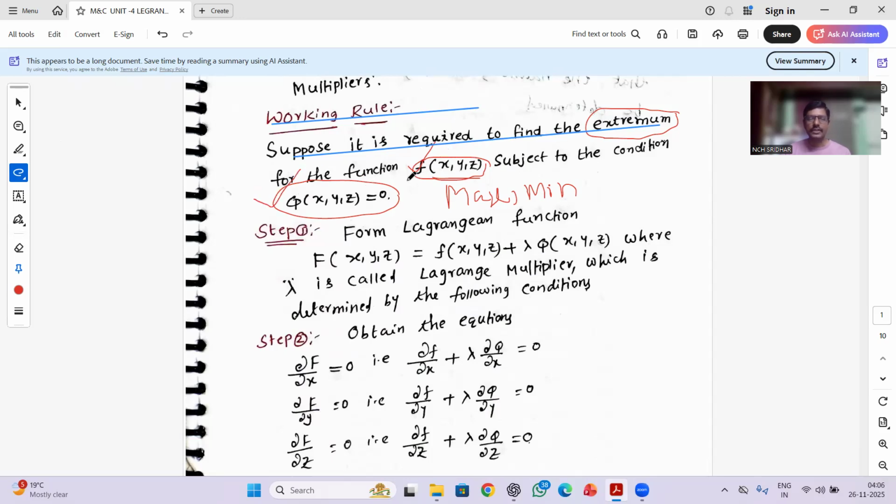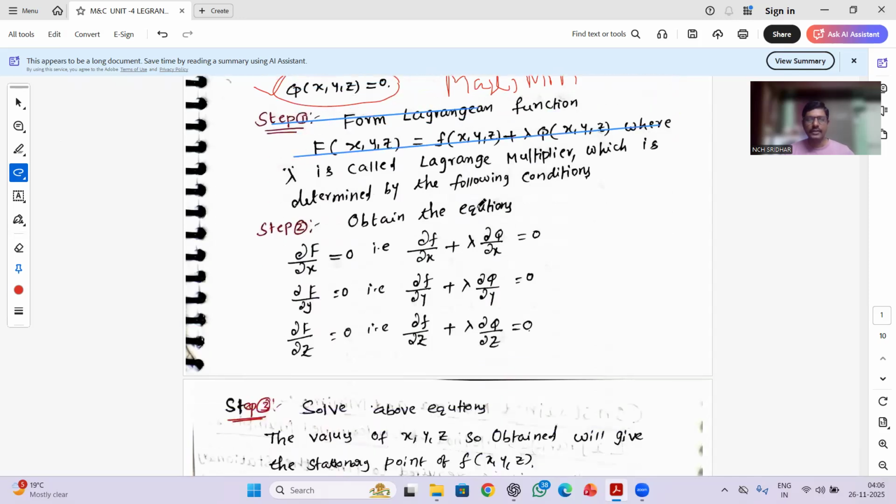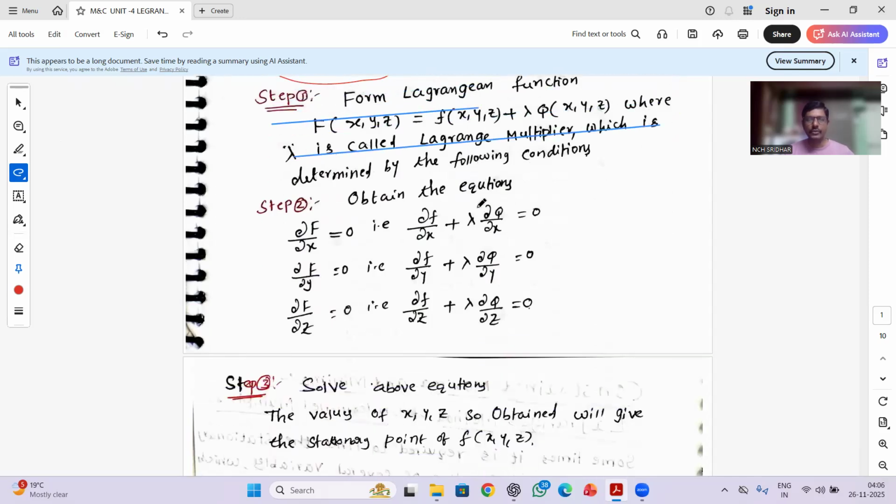According to this condition, we need to find the extremum value for the given function. There are several methods, but in this chapter we use Lagrange's undetermined multiplier method. So this is the working rule for this method.